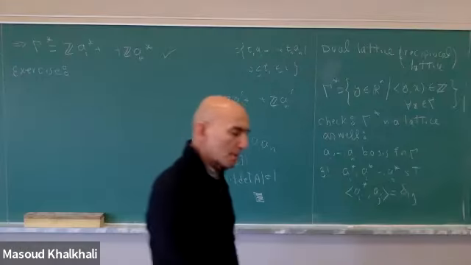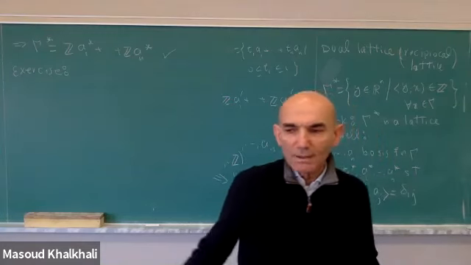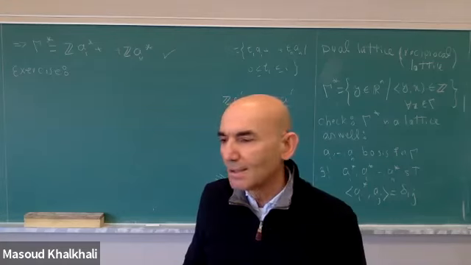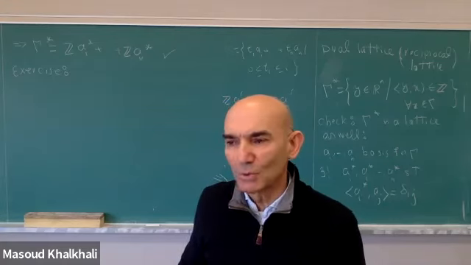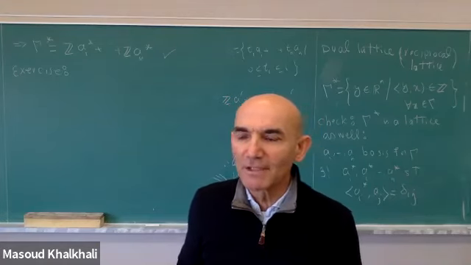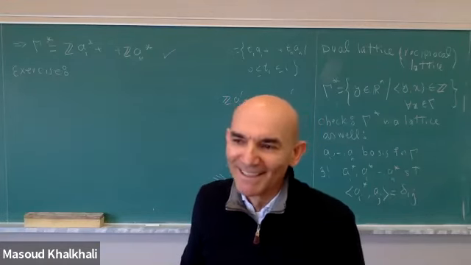I also had a question, because sometimes there are definitions with 2 pi. Yes, these are different normalizations, and there is no agreement on which one to choose. As you know, there are four different definitions of the Fourier transform, right? Yeah, that's true.